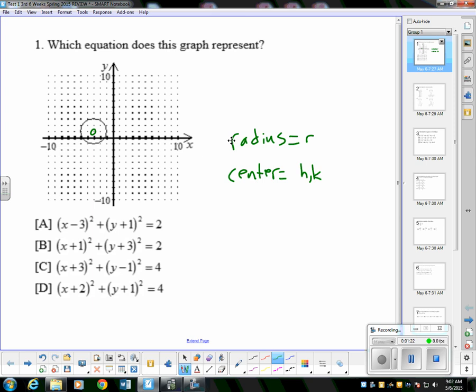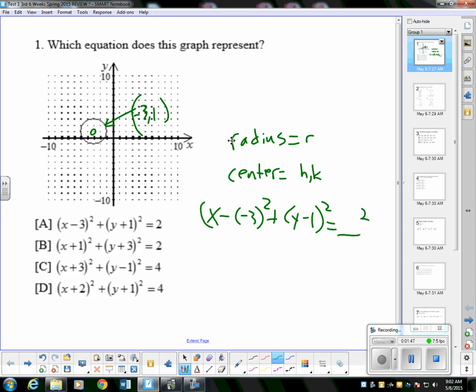All right, so if I look at that center, it has the coordinates of -3, 1, which means that if I'm going to write out this equation, I'm going to have x minus -3 squared plus y minus 1 squared is equal to my r squared. Now I'll clean that up in a second.